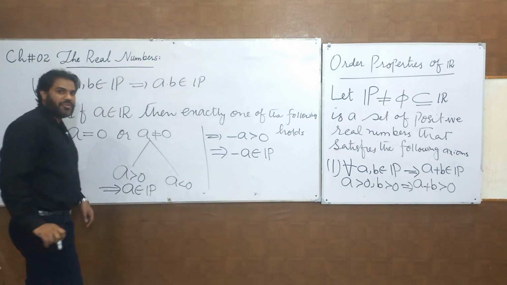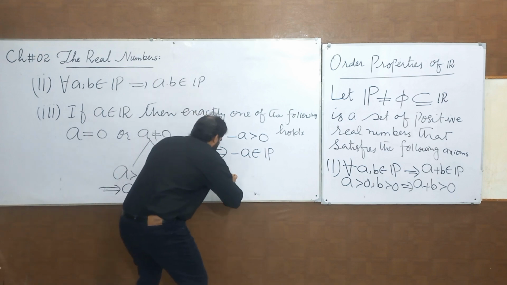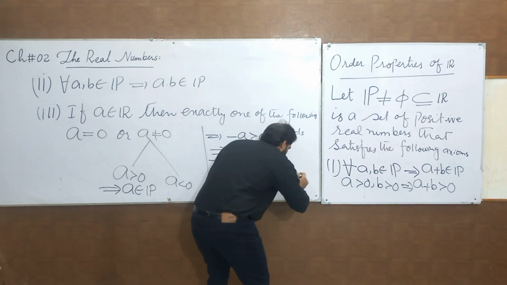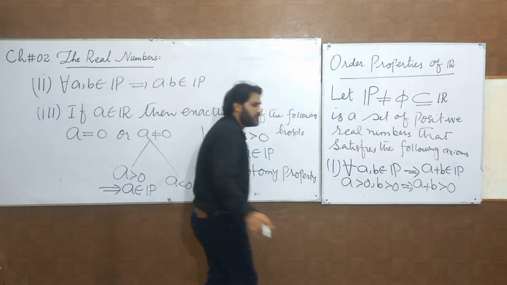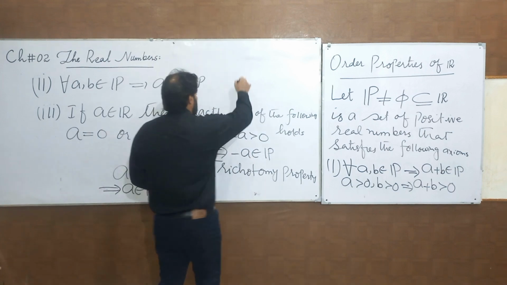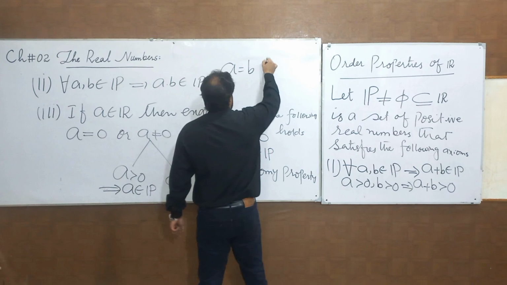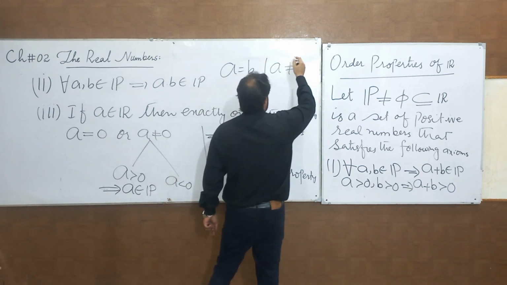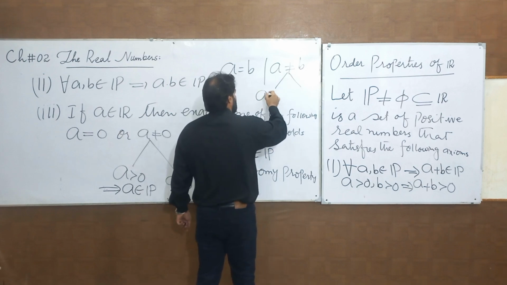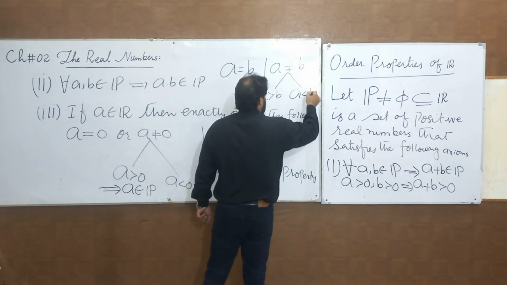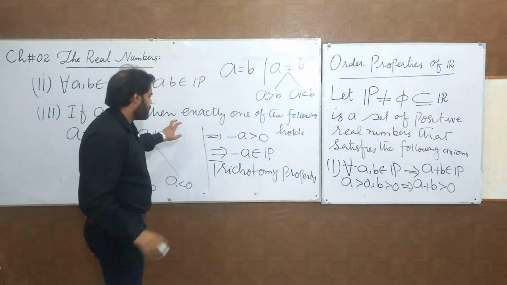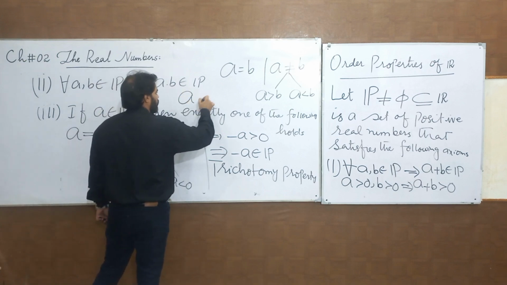And this property is called the trichotomy property. Because the trichotomy property says that if A and B are any two real numbers, then either they are equal or they are not equal. If they are not equal, then either A is greater than B or A is less than B. So in the third property, we are comparing A and 0.